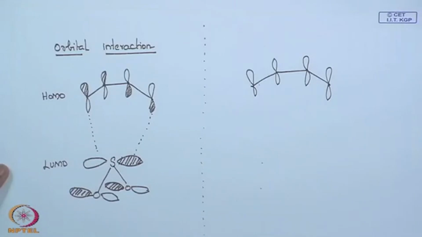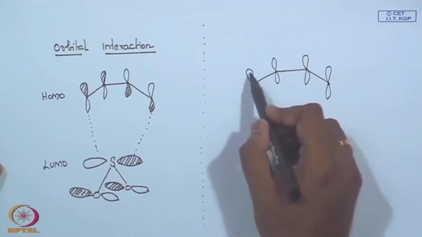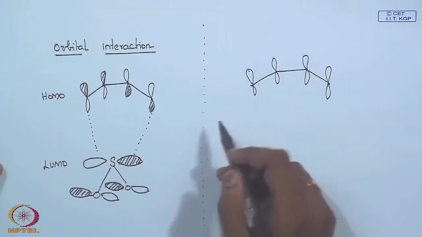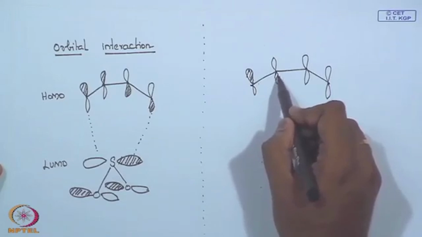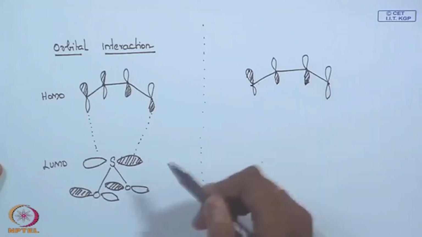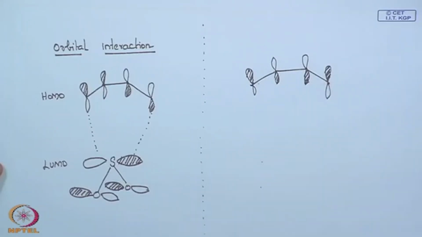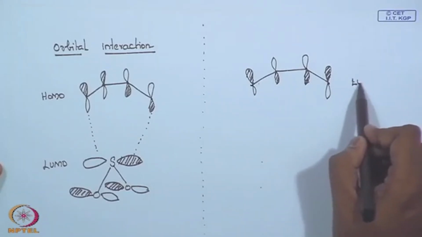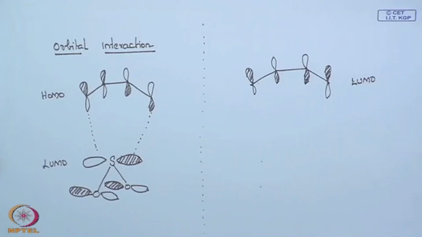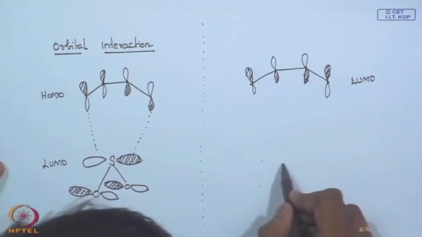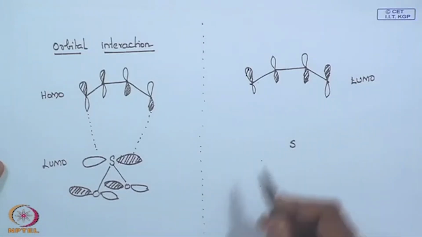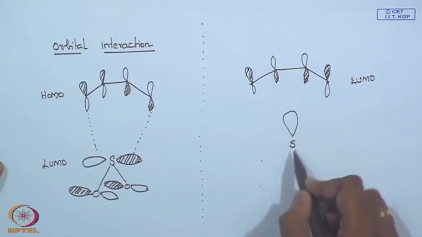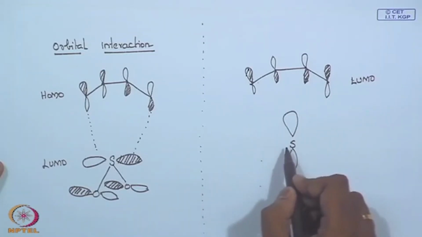So I will take the diene, our diene system. You remember the LUMO of that. So I have taken the LUMO, lowest unoccupied molecular orbital, and then I will take the HOMO of your sulfur dioxide. We will draw the HOMO of your sulfur dioxide.